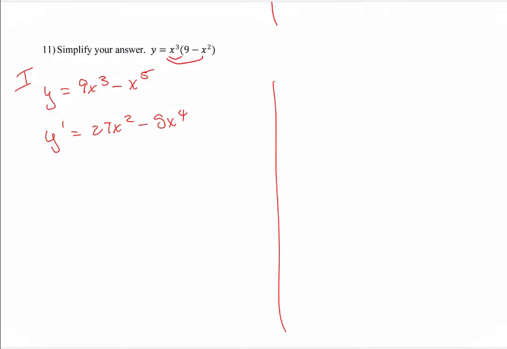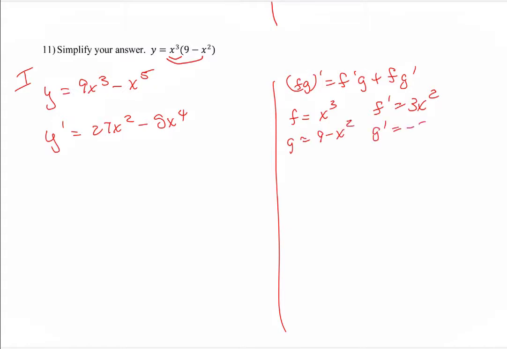And over here, you're going to use (fg) prime equals f prime g plus f g prime, where f equals x cubed, f prime equals 3x squared, g equals 9 minus x squared, so g prime equals minus 2x.